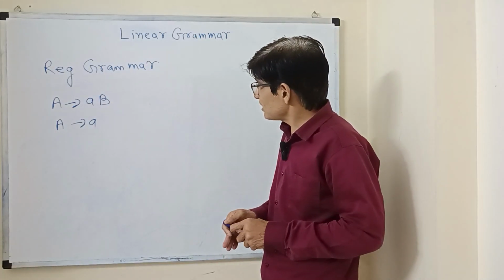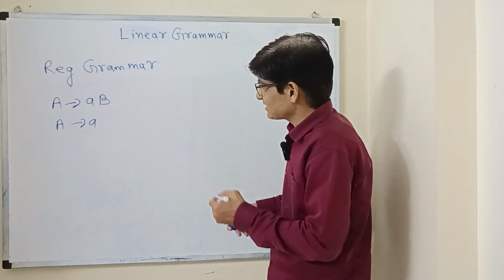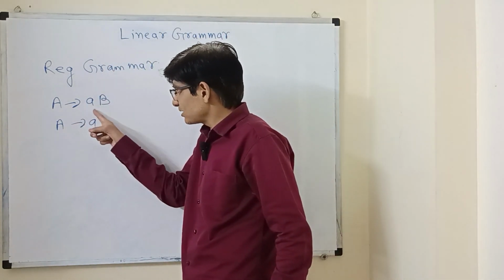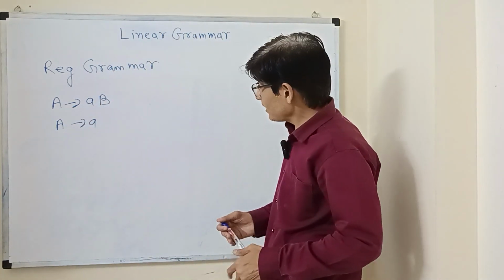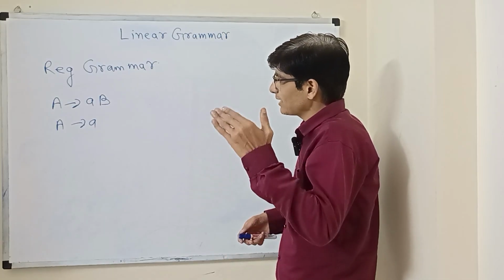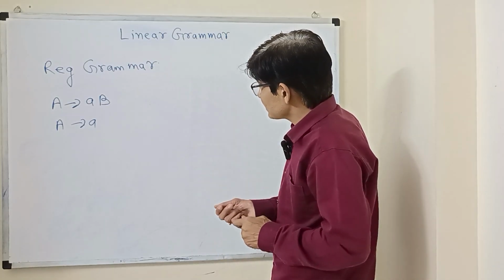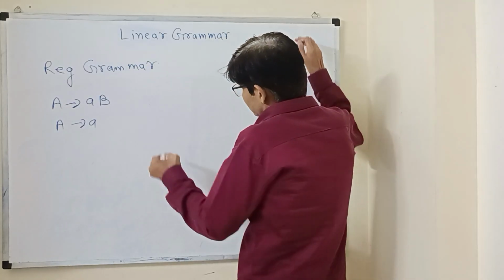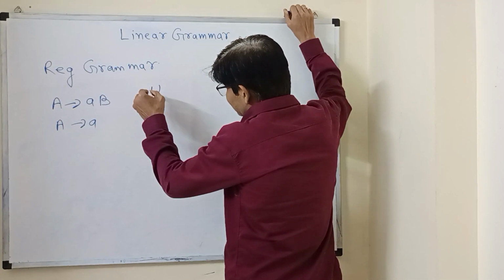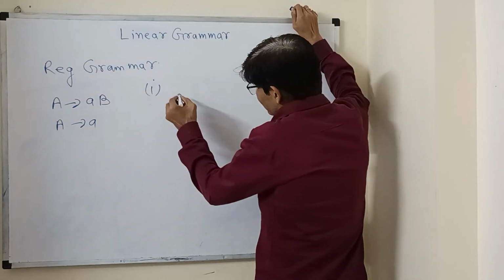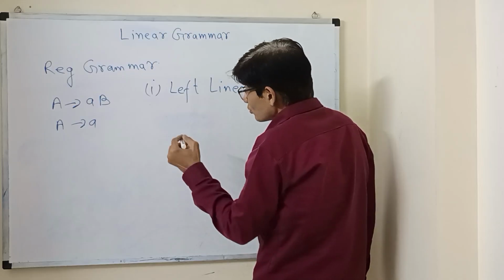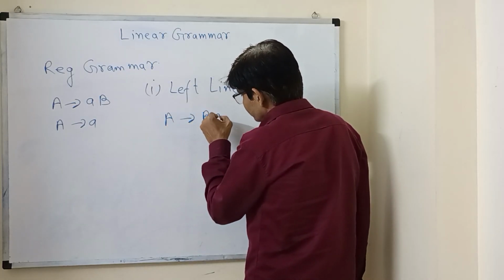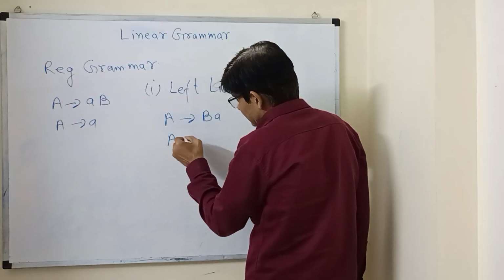Linear grammar you can represent in the same way. Linear grammar is nothing but a regular grammar, and as you can write the productions of regular grammar, in the same way you can write the productions of linear grammar also. There are two types of linear grammar. First is left linear grammar, where you can have productions like A gives Ba and A gives a.